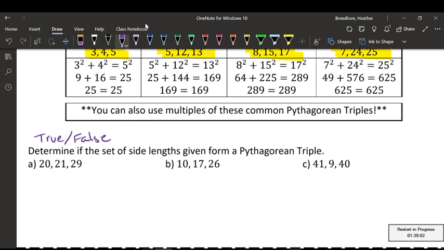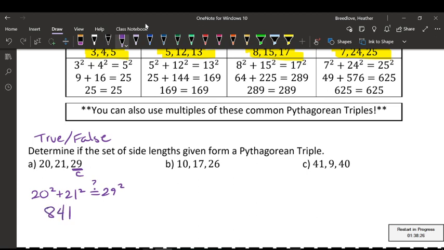So we have 20, 21, 29. You do have to make sure you get the longest piece to be C. That has to be C. So 20 squared plus 21 squared, does that equal 29 squared? That's the question. So you can just type it in as 20 squared plus 21 squared is 841.